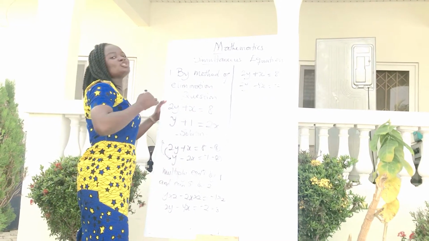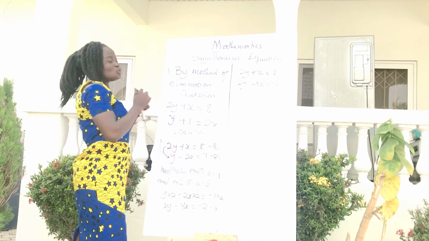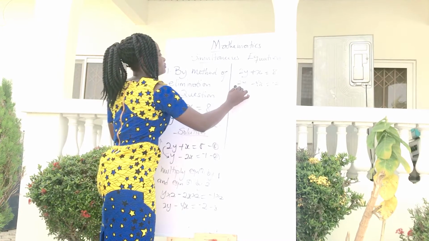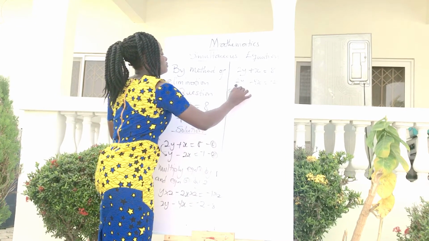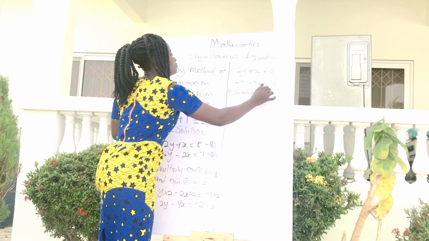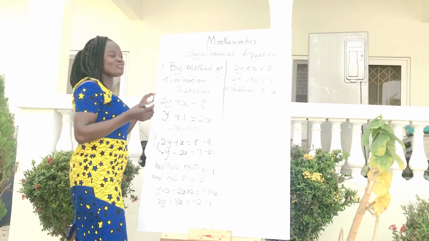So we can subtract one of the equations from the other to get rid of that variable. So subtract 1 and 3.